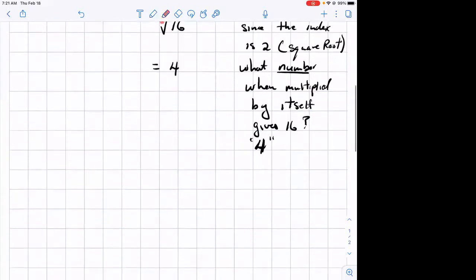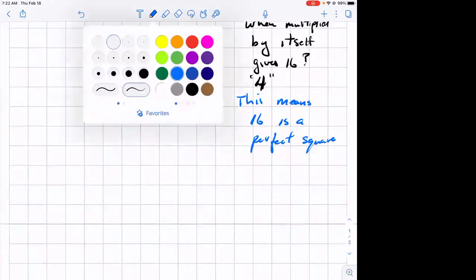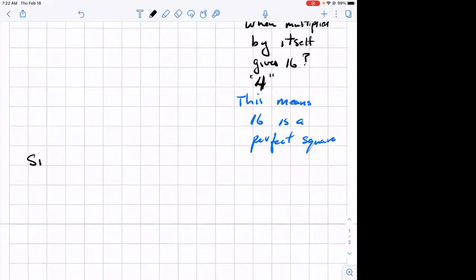Hence, this means 16 is a perfect square, because we're able to find a number that when multiplied by itself gives 16. For example, 25 will also be a perfect square. Simplify the square root of 25.